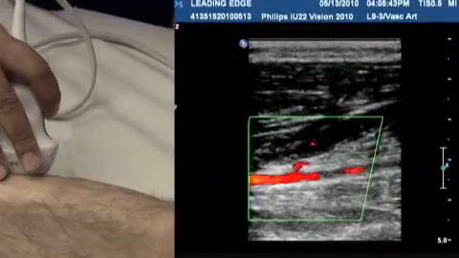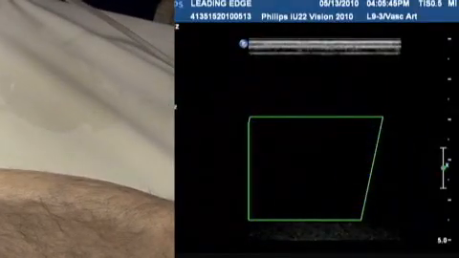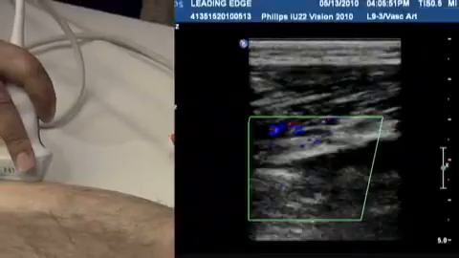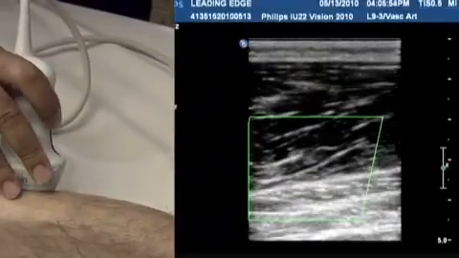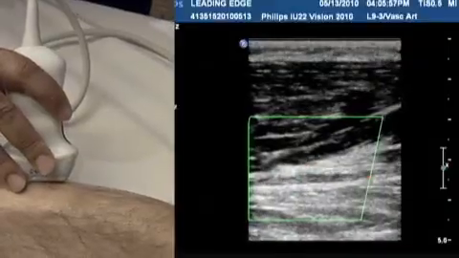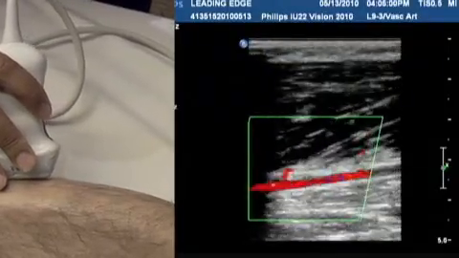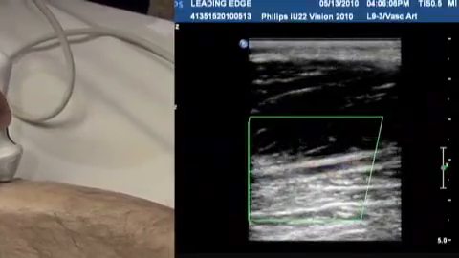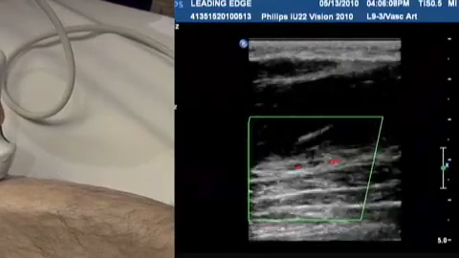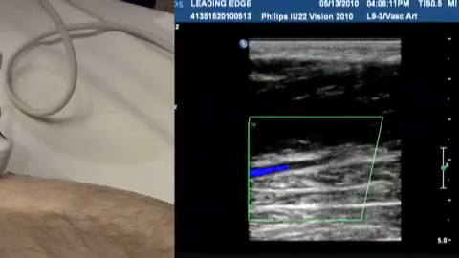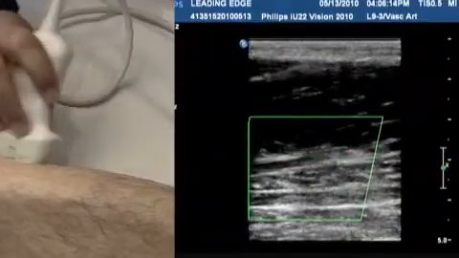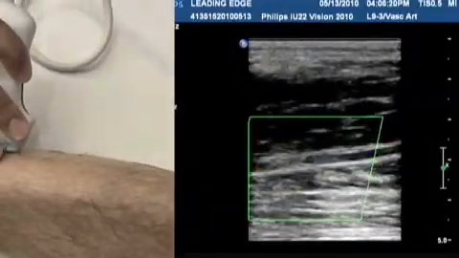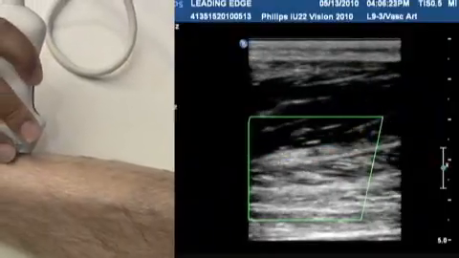And I don't see anything that would signify stenosis. There you go. You can see the further I work my way down the leg, the more superficial the vessel will be. I'm working my way down to the level of the ankle here. And what I'm going to do actually is get lower here, to a higher frequency transducer when I get to the level of the foot.